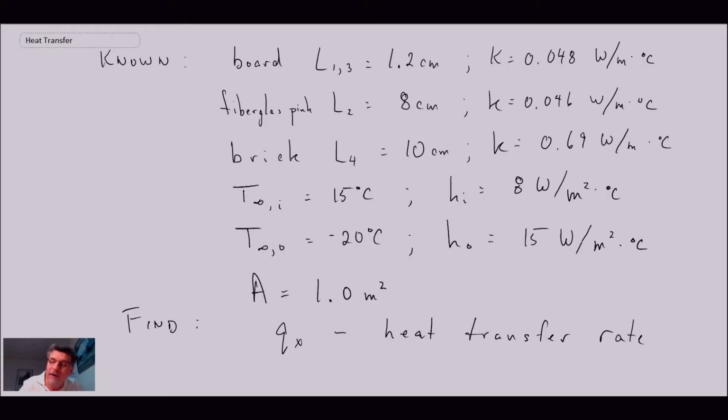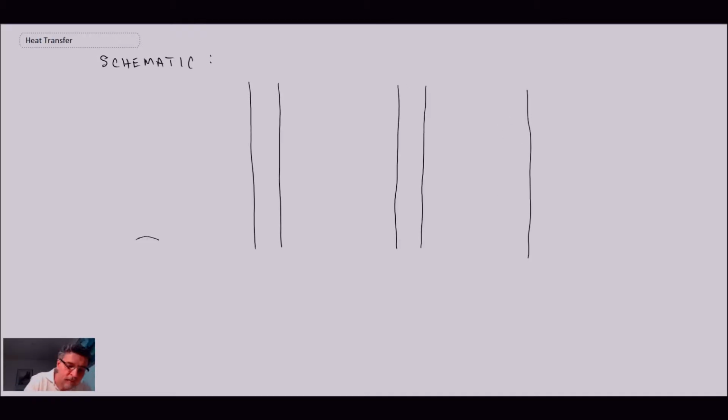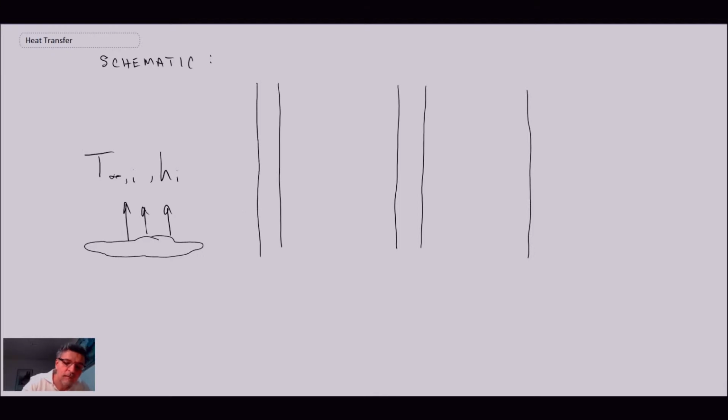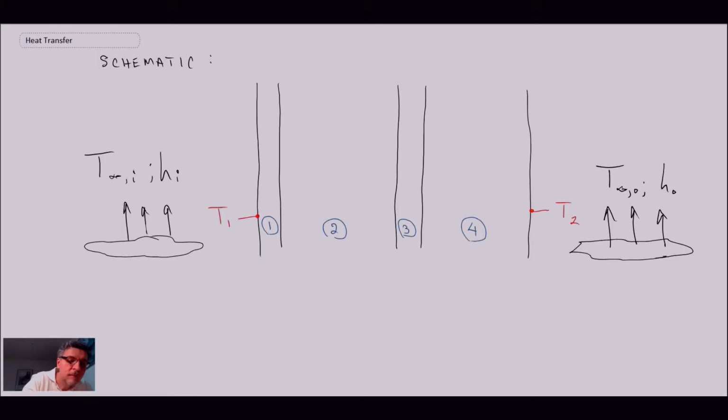So with that, we're going to come up with a schematic that has the coordinates and the information in terms of lengths on it. So let me write that out. Okay, so there is the schematic for our problem.